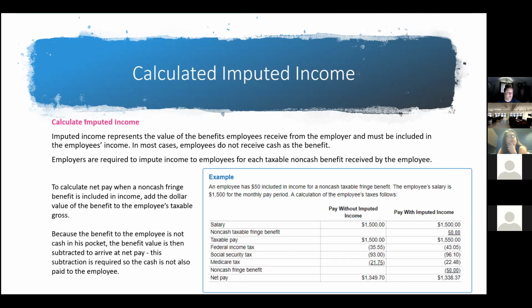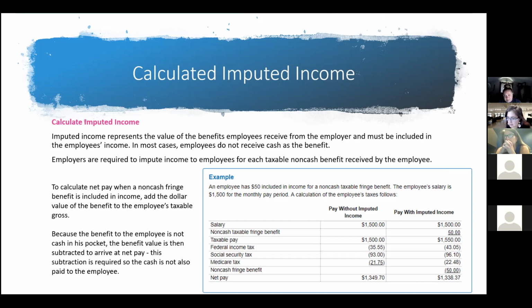So for example, an employee has $50 included in income for a non-cash taxable fringe benefit. So that Appleton Clinic that I was talking about, if your employer pays $50 of the premium for you, this could be the perfect example. The employee's salary is $1,500 for the monthly pay period. So to calculate the taxes, we would take their $1,500 and add the $50. So their taxable pay is $1,550 instead of just $1,500, even though they're only getting $1,500 in their pocket.